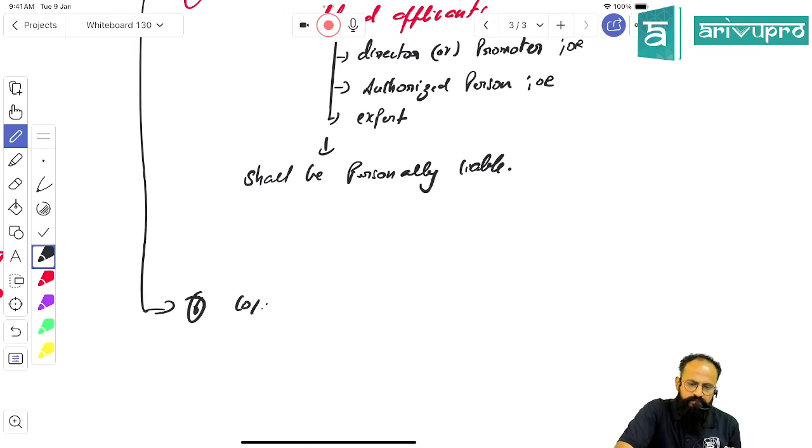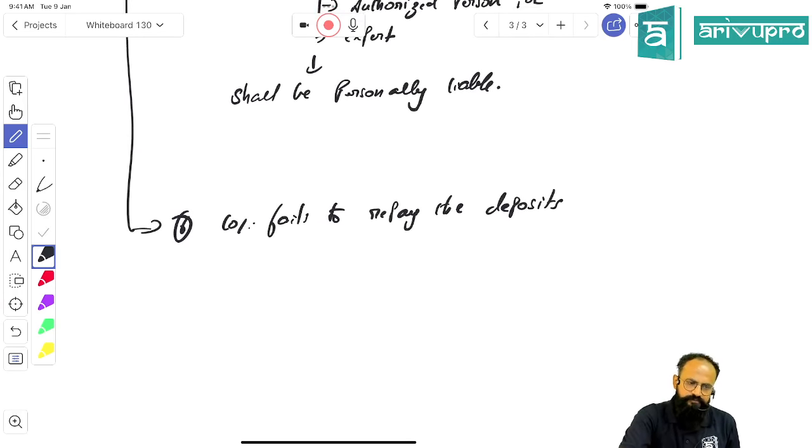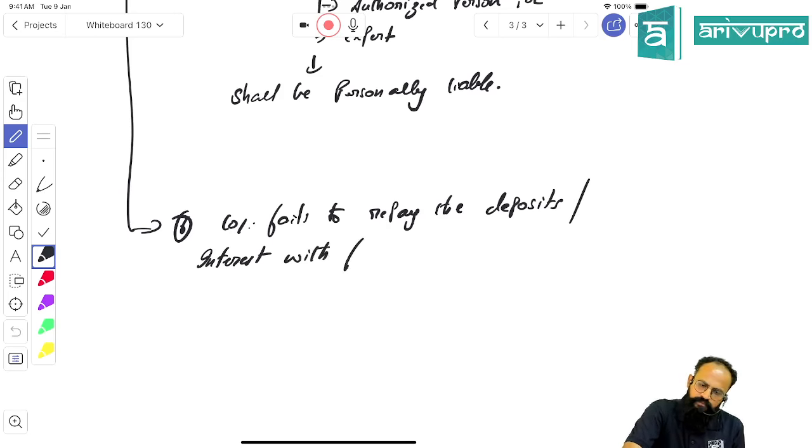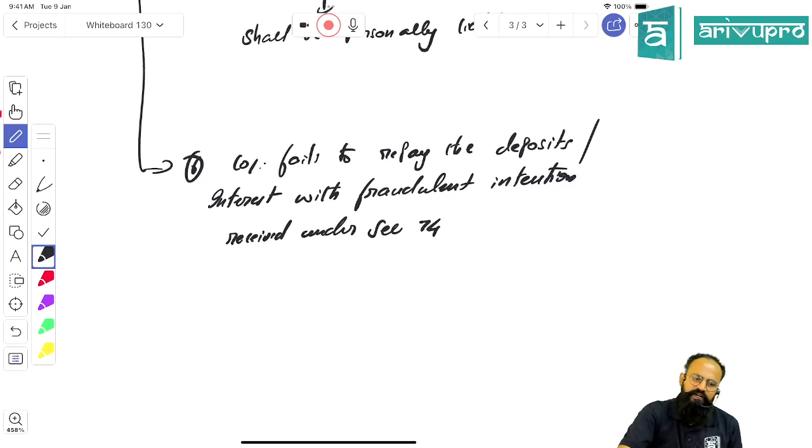Okay. Sixth one. Company fails to repay the deposits or interest with fraudulent intention received under section 74.